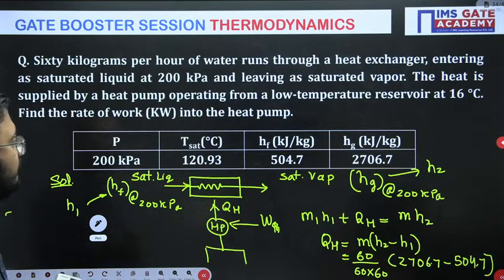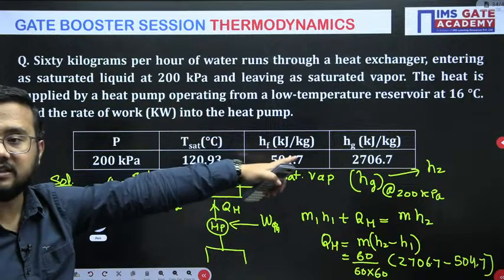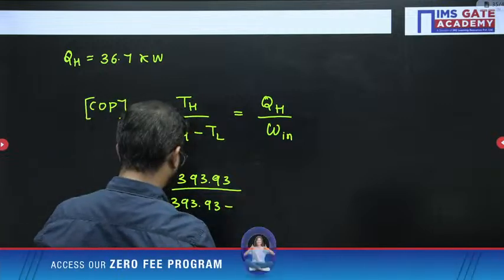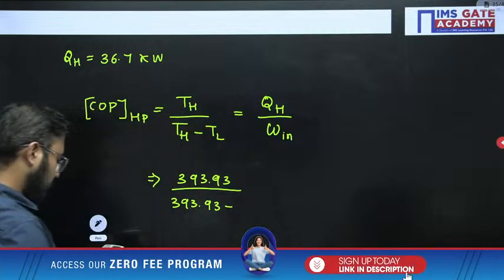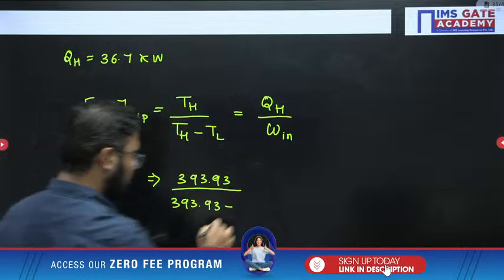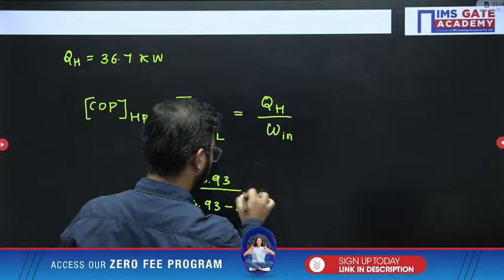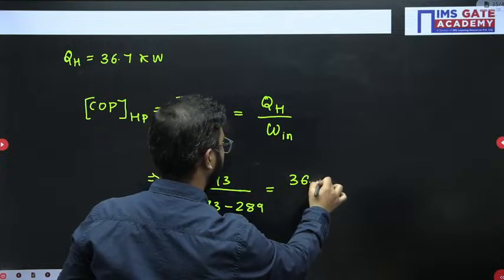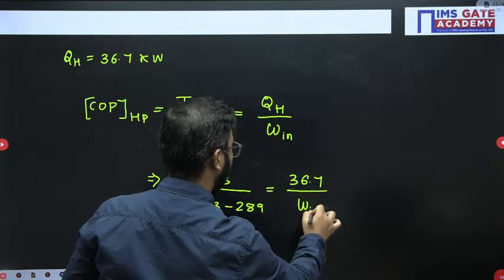TL, what have they mentioned? Low temperature reservoir 16 degrees Celsius. Okay, so that is 289. QH we have just calculated as 36.7, and work input we will be getting from here.